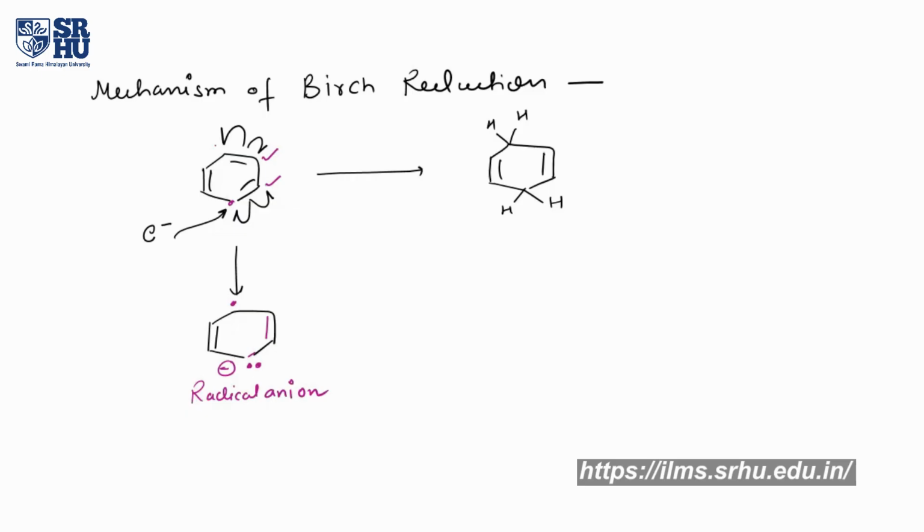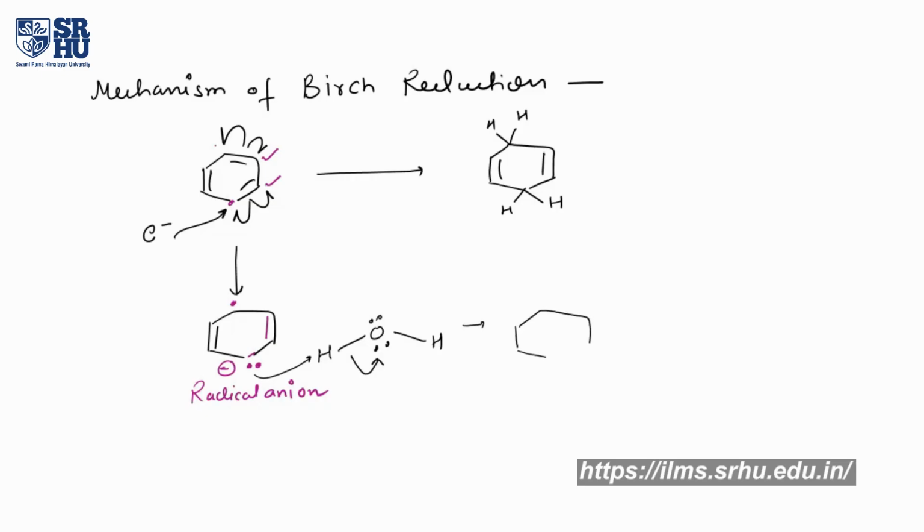Okay. Now you know that wherever there is an anion, from the previous reaction you have clearly understood, it always attracts a proton if available. The oxygen will take the electron and the radical anion will accept the proton.